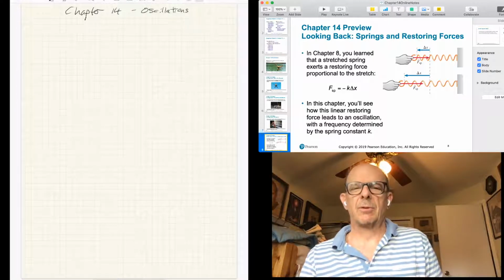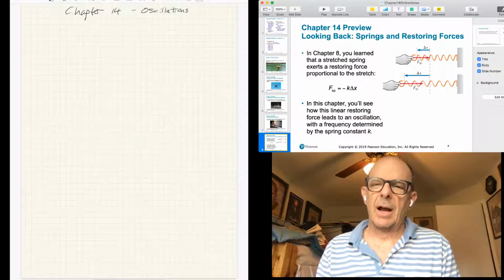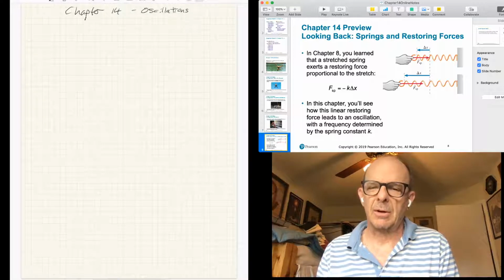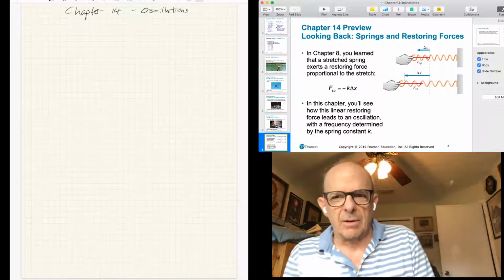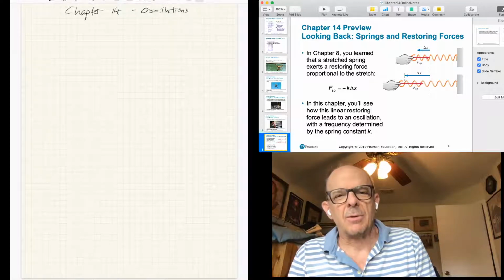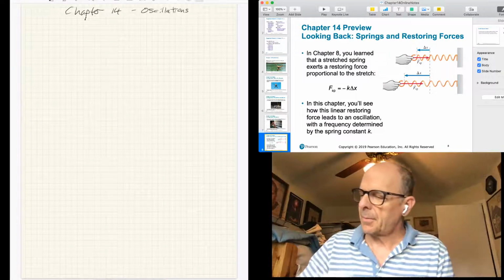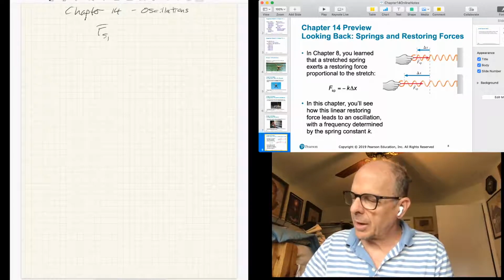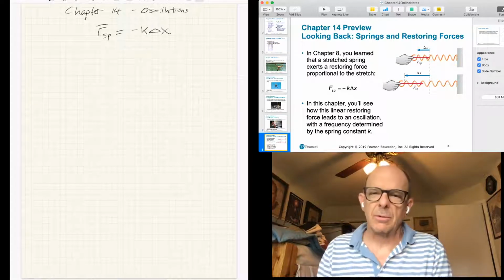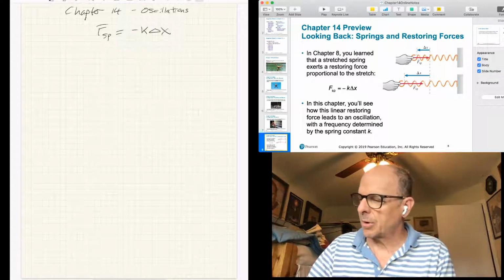So let's start just with a reminder about springs, that springs have a force that pulls them back towards their equilibrium position. Because of everything that's been going on this semester, we skipped chapter 8 material, but this equation here shows the restoring force in a spring, and that force is proportional to how much the spring has been displaced from its natural equilibrium position.